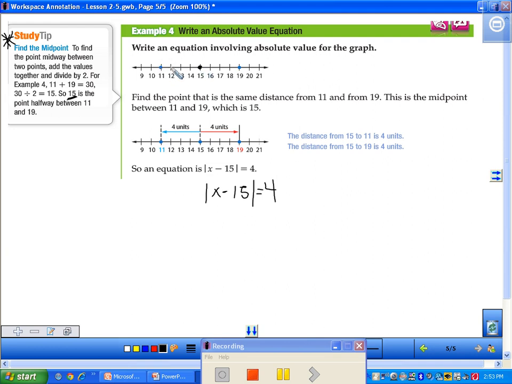From 11 to 15, it's 1, 2, 3, 4 units away. So we have 4 and 4. That's where this 4 comes from. Our midpoint tells us what we're taking away from our x inside the absolute value. So this x can be 11 or 19, and we will get this 4. I hope that you found this lesson, or these examples, to be helpful, and we will discuss more in class.